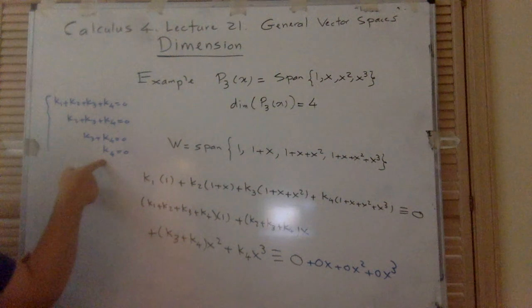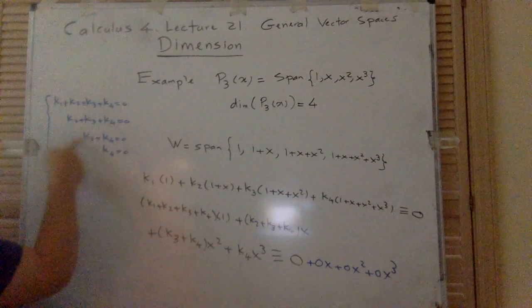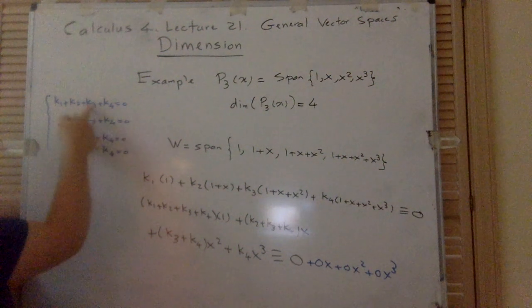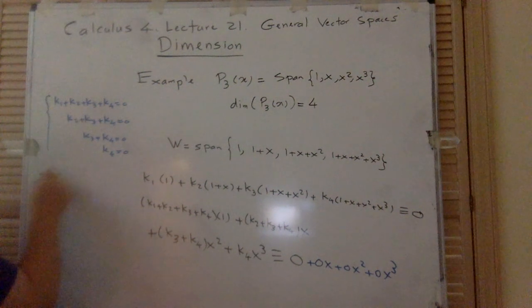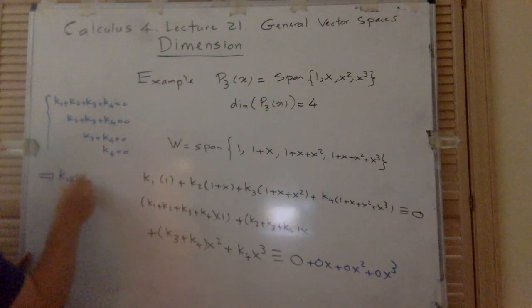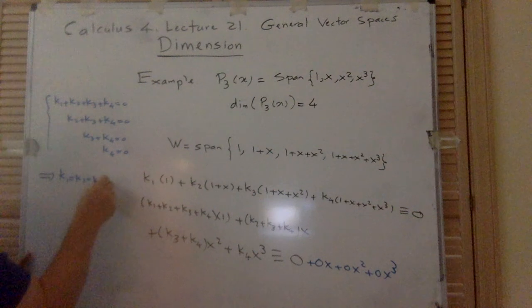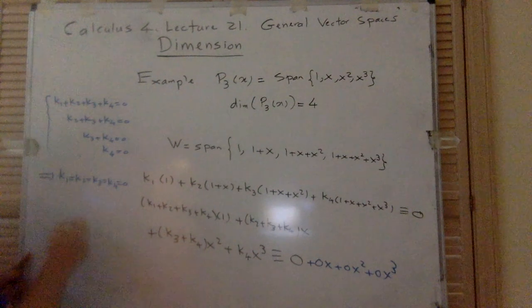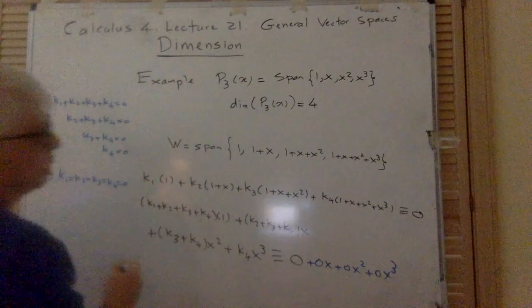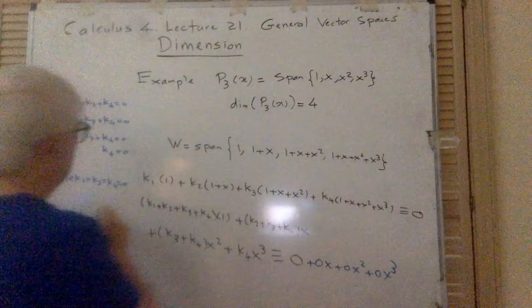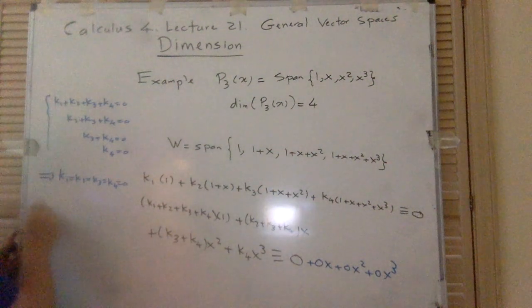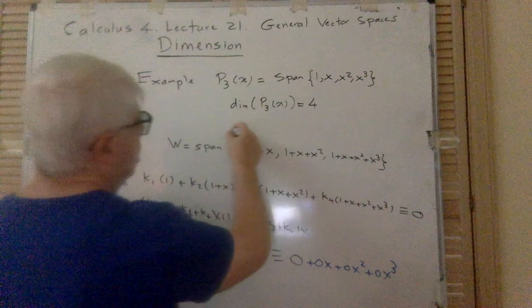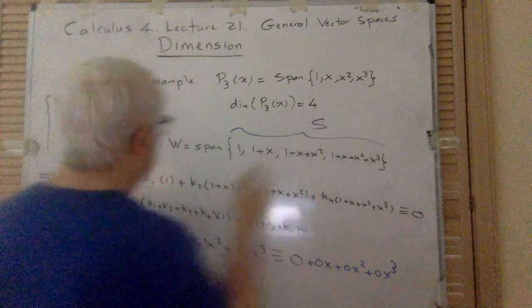This one is 0, then put here k3 is 0, and 0, 0 will give me this one, 0, and 0, 0 will give me all of them 0. So k1, k2, k3, k4 are 0. So this shows that this set, let's call it S, is linearly independent.